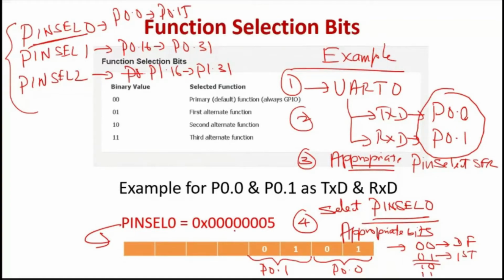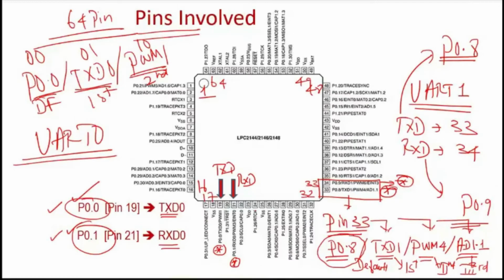Similarly, if I take port 0.1, port 0.1 is available on the 21st pin. If we take the 21st pin, again, if you see the anatomy of that particular pin, I write it here. Port 0.1 is the default function. The first special function is receive data, RXD0. The next special function is PWM3.